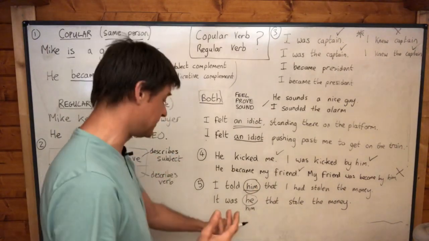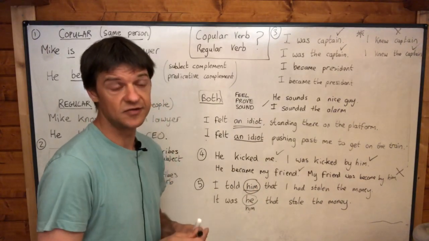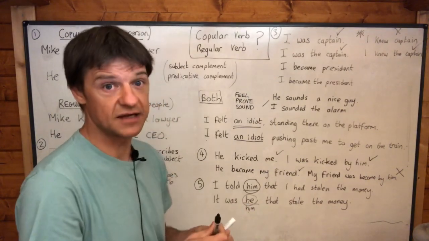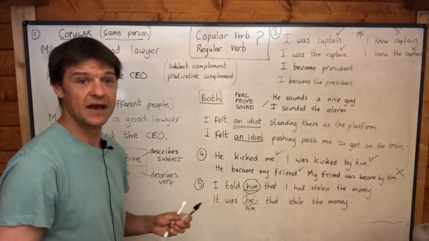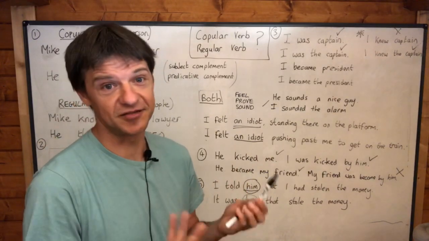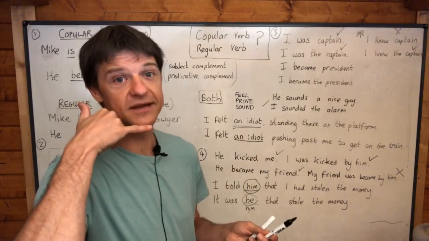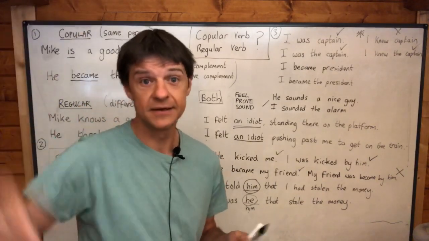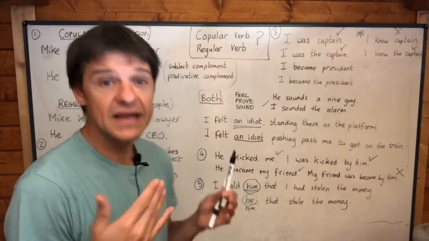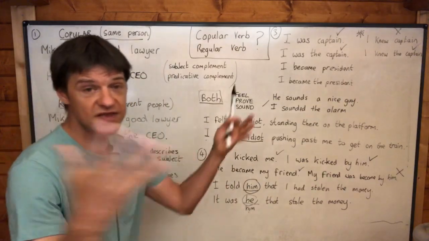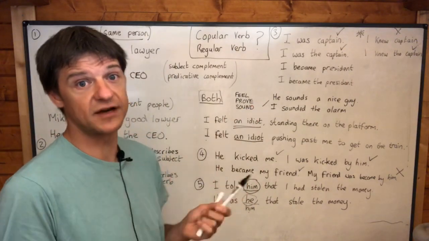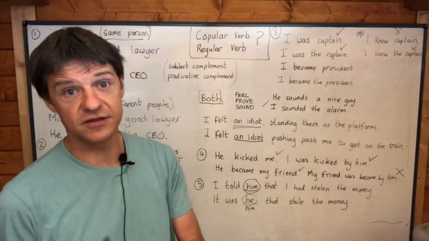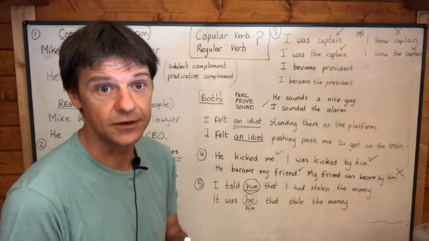So you do hear this him being used. Personally, I still think it's more proper to use the correct pronoun and to use the he. And I think it sounds ridiculously formal to say it is I speaking on the phone. Everyone says it's me, you know. So it is one of those things which is a mistake, but it's there everywhere in the language, and it's so widespread that perhaps you want to learn the wrong form rather than the right form. But I'll leave it up to you.